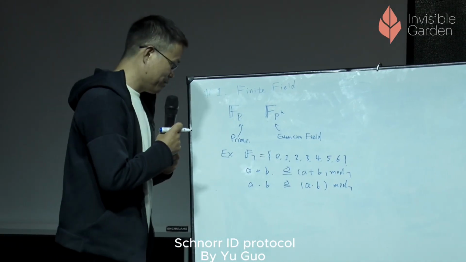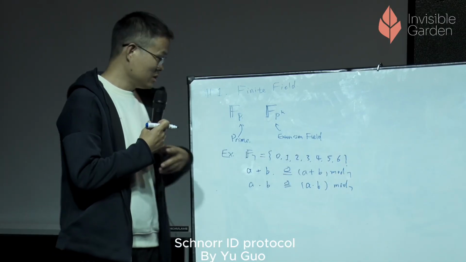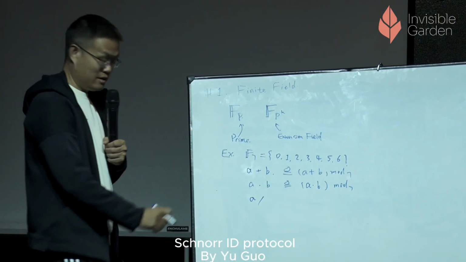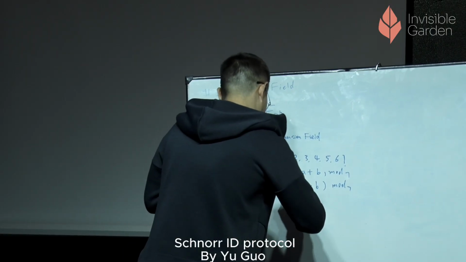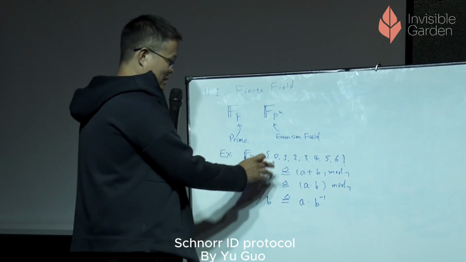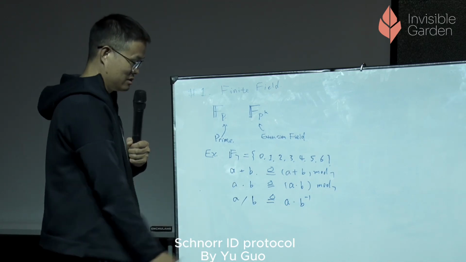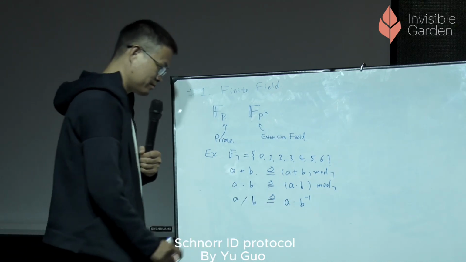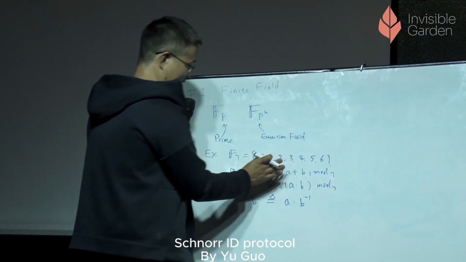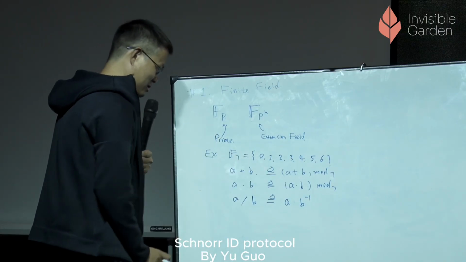Because if the modulus is a prime, then we can define A divide B as A times the inverse of B, and every element except 0 has its own inverse element.